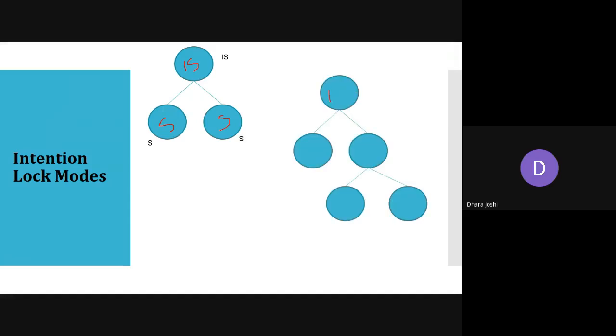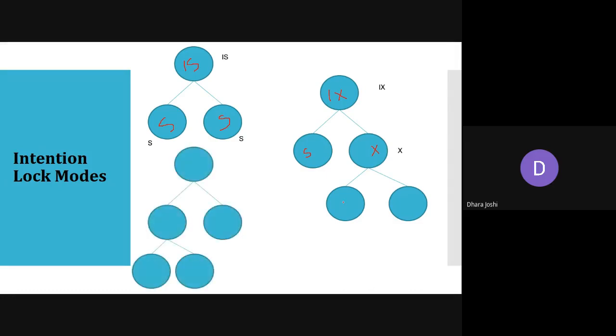If I lock this node with intention exclusive, then by default its children will be in either shared or exclusive mode. And if this node is in exclusive or shared, its children are also in locking mode. If I put this node with shared and intention exclusive, its children are in the shared mode and its grandchildren are in the exclusive mode.